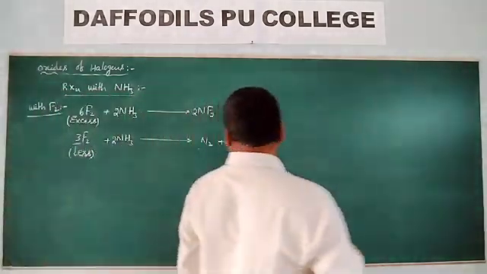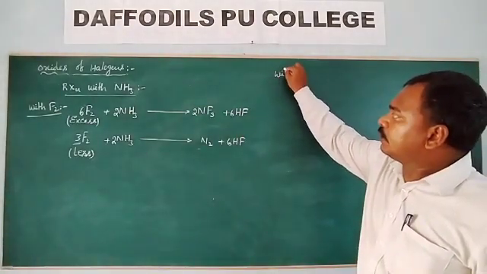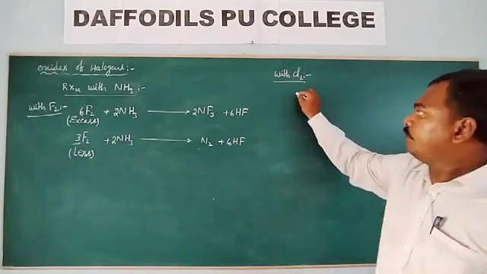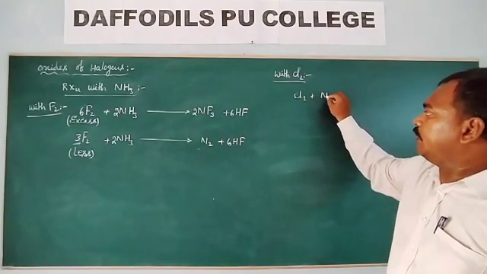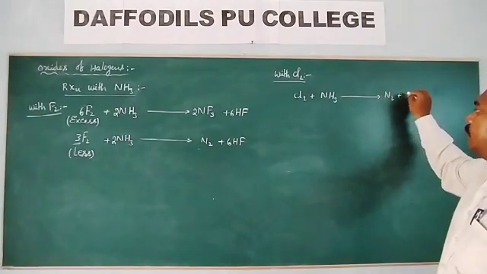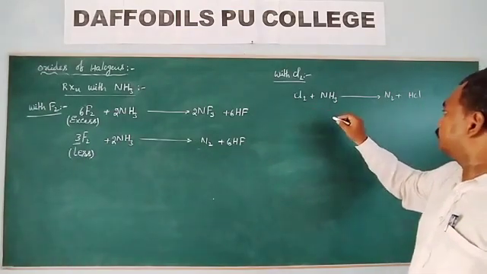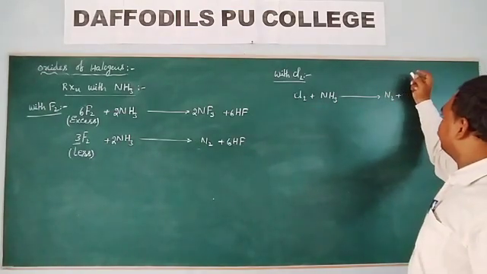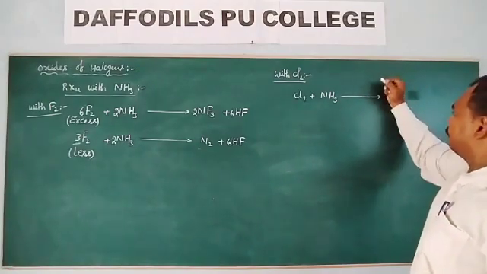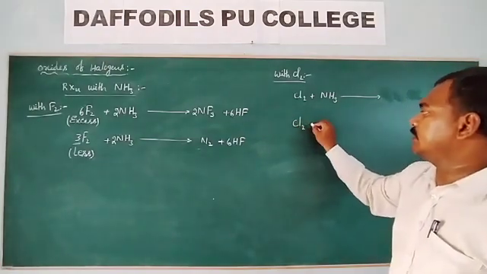Next, we will go to the reaction with chlorine. When chlorine reacts with ammonia, you will get N2. Okay, we will write first like this.